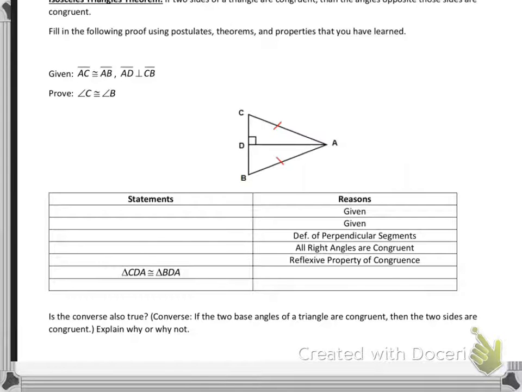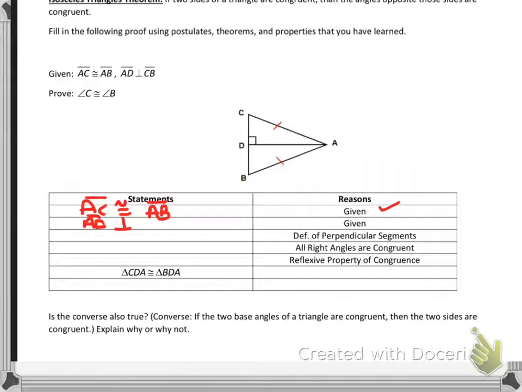We always start with what we're given. So we're given that AC is congruent to AB, that's given. And AD is perpendicular to CB.